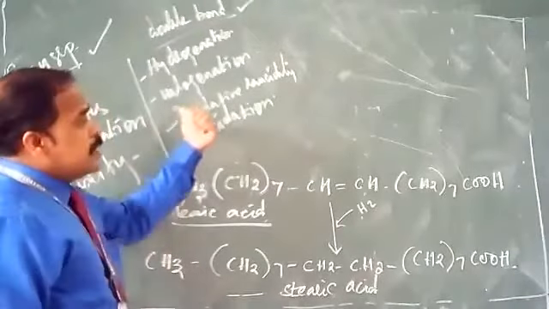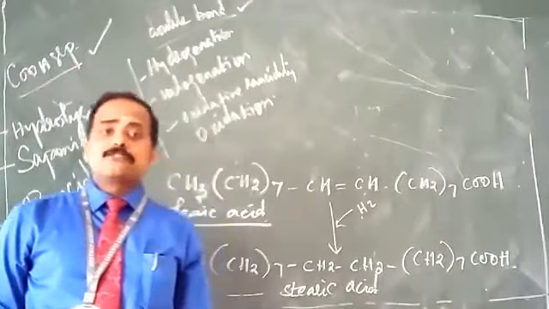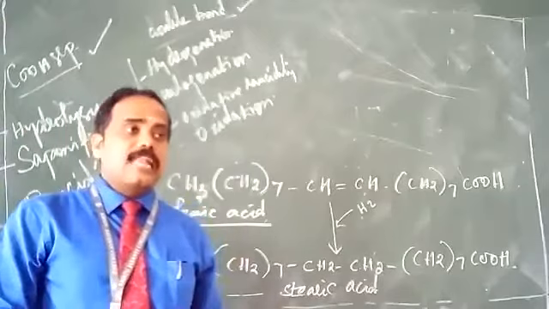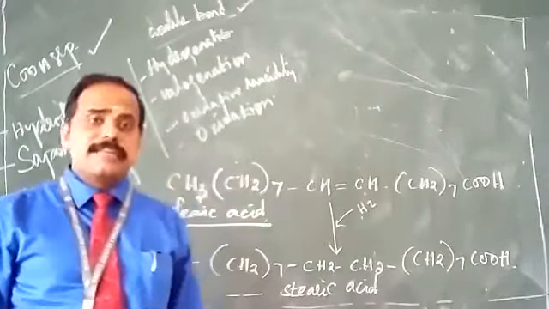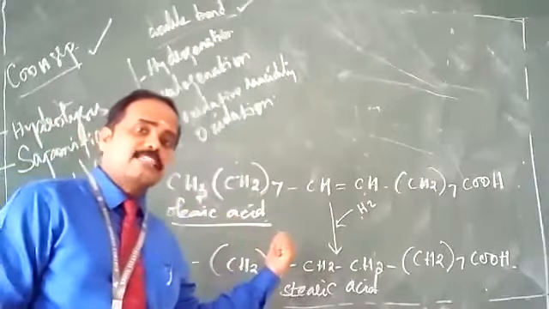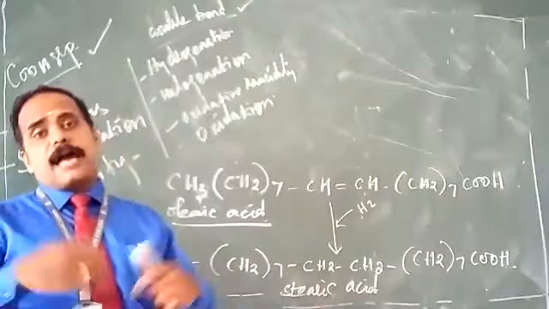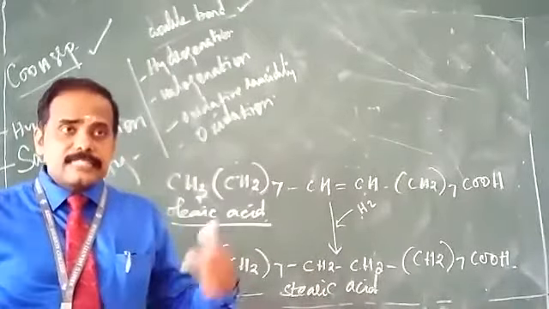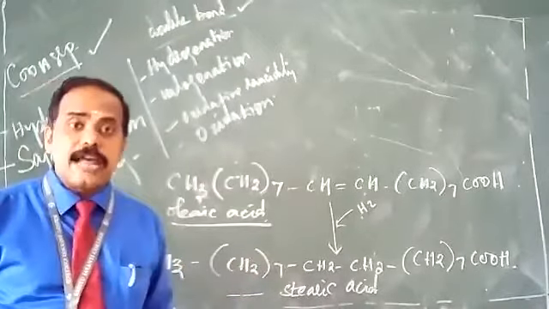So this is hydrogenation, and the other one is halogenation. In halogenation, instead of hydrogen, it readily takes up halogens at the double bond. The same reaction applies, but instead of hydrogen, it takes up halogens: chlorine, bromine, iodine, and fluorine.